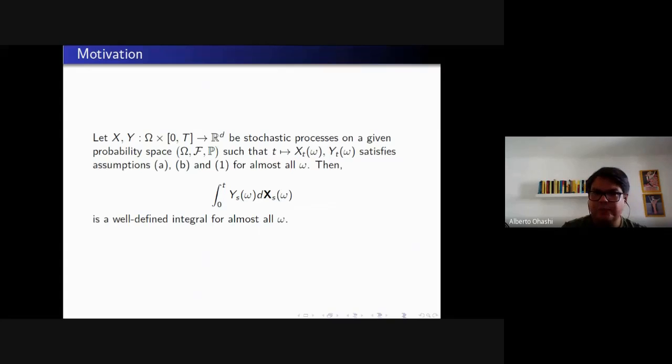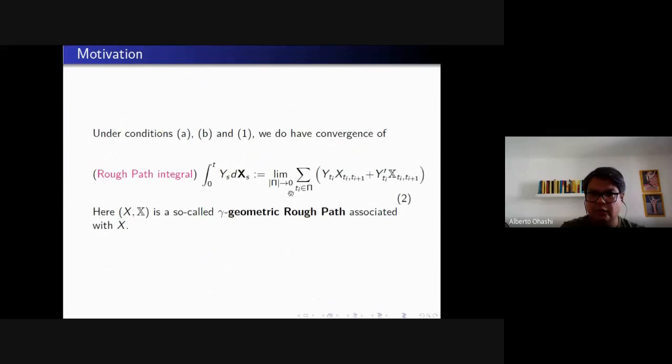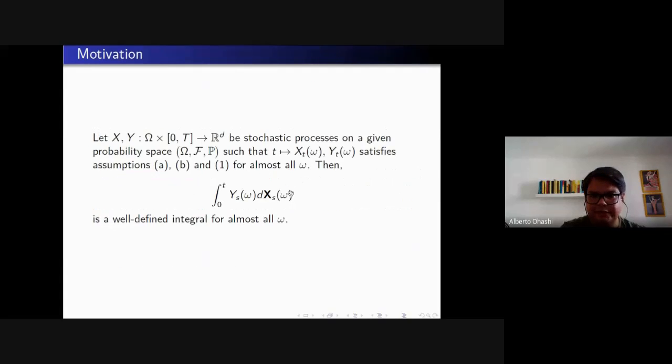And if you assume that this pair X and Y satisfies assumptions A, B, and 1 for almost all omega, then if you apply rough path, as long as you are able to lift your driving noise into what I discussed before, the so-called geometric rough path, then this integral makes sense. It's well defined for almost all omega. Okay?